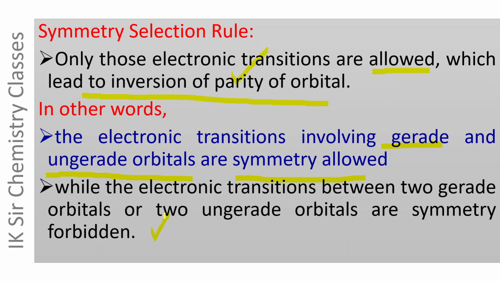If electronic transition takes place between gerade and ungerade orbitals, the parity of orbital is inversed and such electronic transitions are allowed. On the other hand, if electronic transitions take place between two gerade orbitals or two ungerade orbitals, the parity remains the same and such electronic transitions are forbidden, while the electronic transitions taking place between gerade and ungerade orbitals are symmetry allowed.